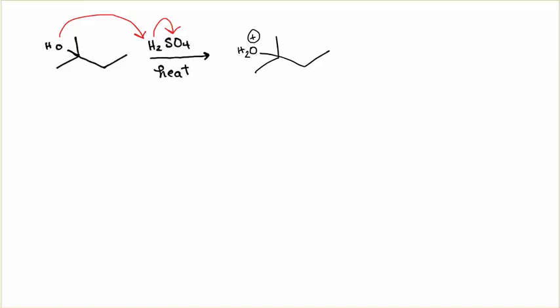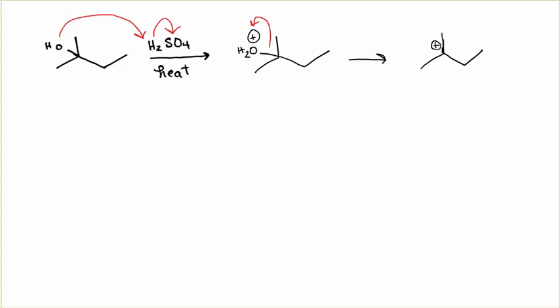And it's on a tertiary position. Leaving group leaves. We form the tertiary carbocation. So things a carbocation can do: react with a nucleophile, eliminate a beta hydrogen, resonate, rearrange. This is not going to rearrange because it's tertiary. So since it's already the most stable it can get, then it's going to stay that way.